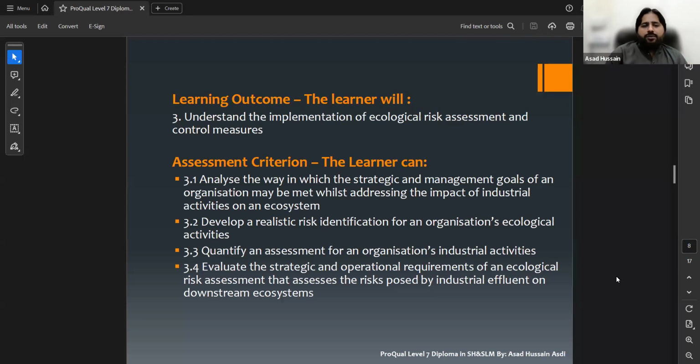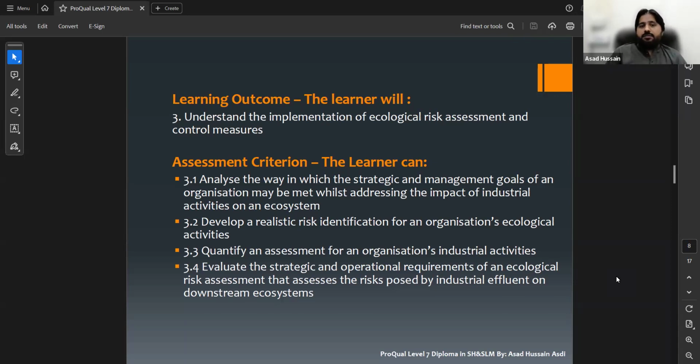Then moving to 3.2, develop a realistic risk identification for an organization's ecological activities. Other than the specific risk identification, the other thing which is much more important is being realistic.